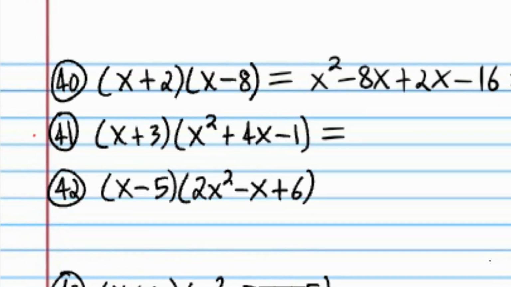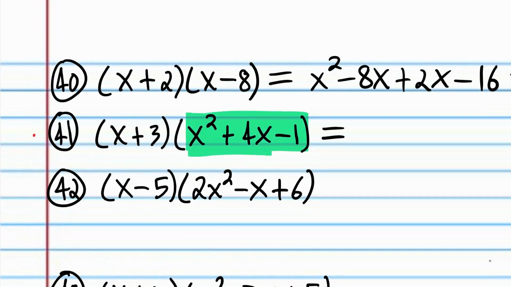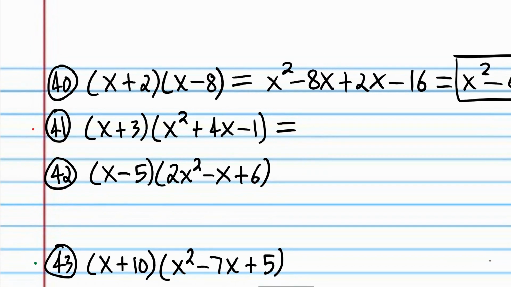But what is not true is you're not multiplying terms that are in the same expression. You're not multiplying x times 3 or x squared times 4x. Okay, so we're going to start with x. Let's focus on x.